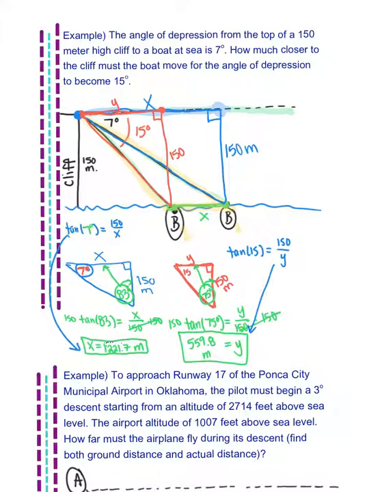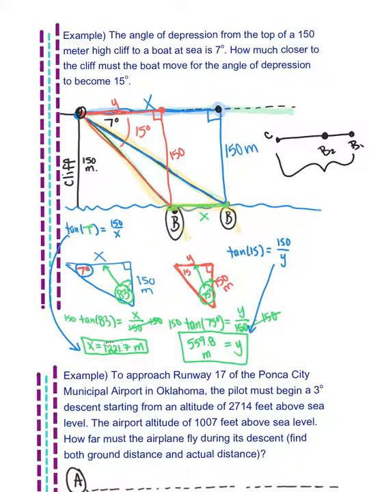All right, so now think about what you're asked to find. And I think this is going to be easy to set up just with a simple segment. I'm going to do it over here. So here you have the cliff. Here's the boat's original position, and here's the boat's second position.